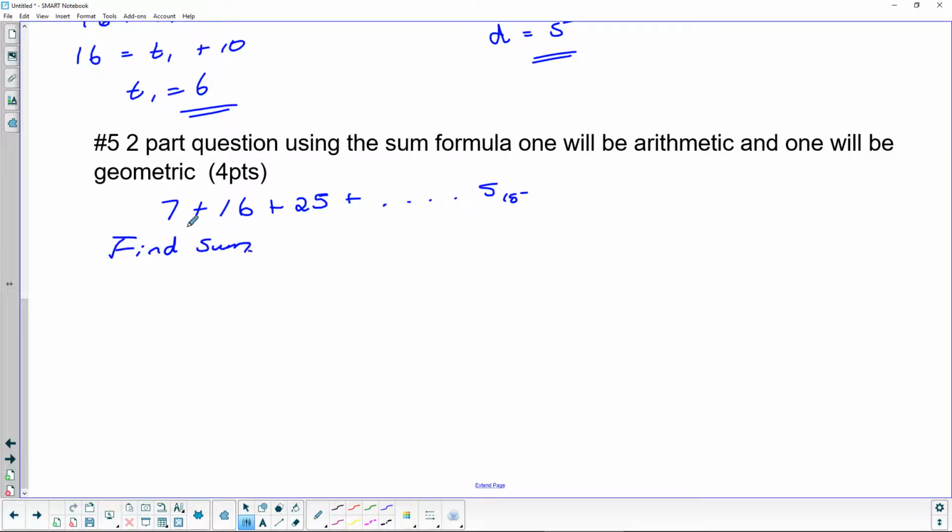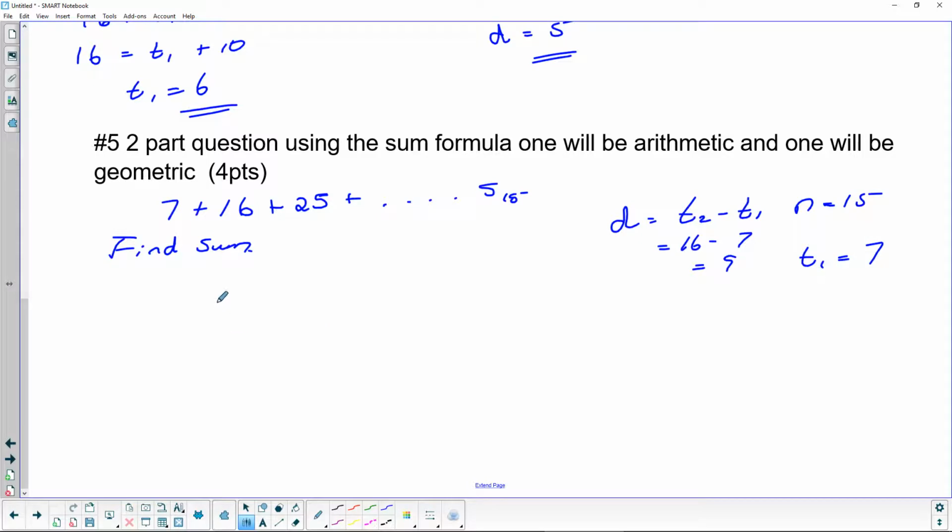Okay, well, we have to recognize this as an arithmetic series. So D is equal to T2 minus T1, which would be 16 minus 7, which is equal to 9. N is equal to 15, and T1 is equal to 7.